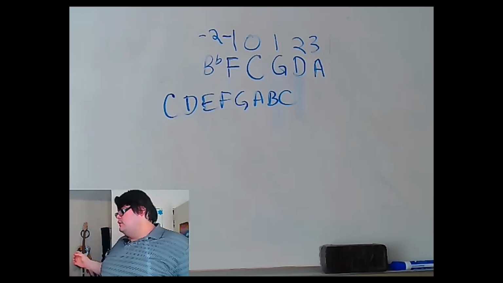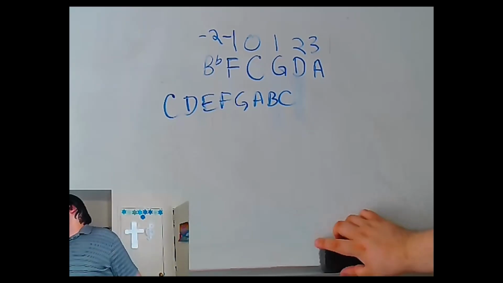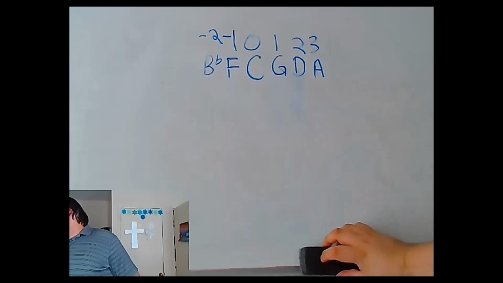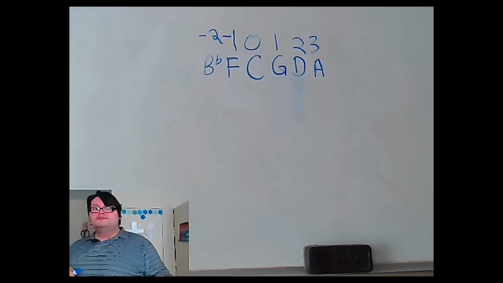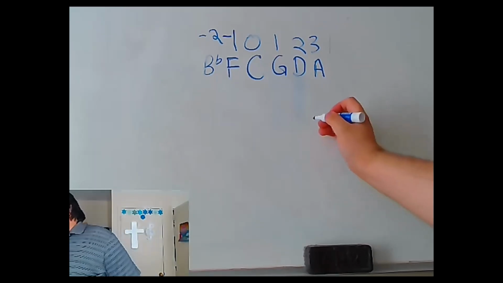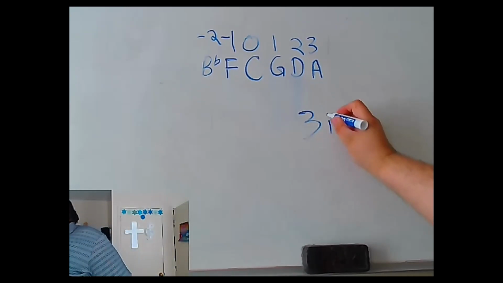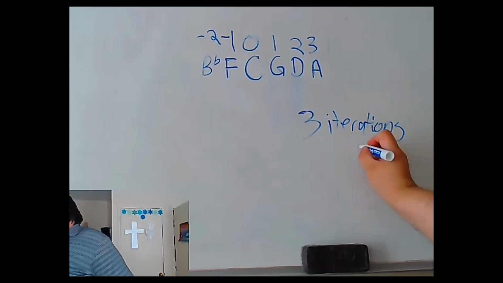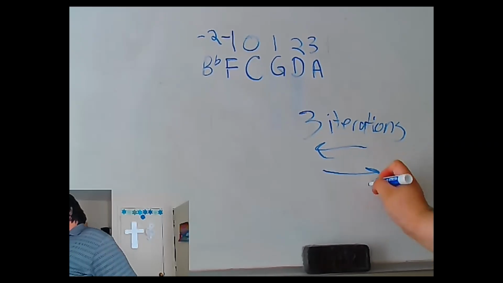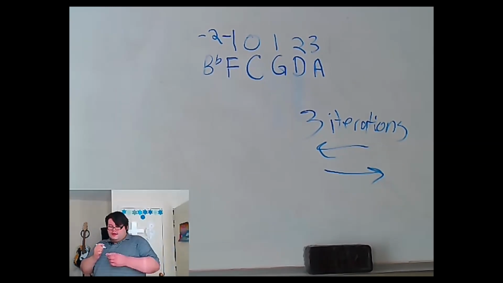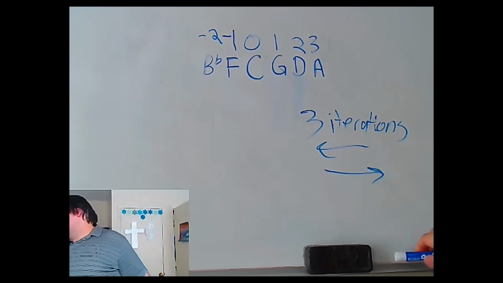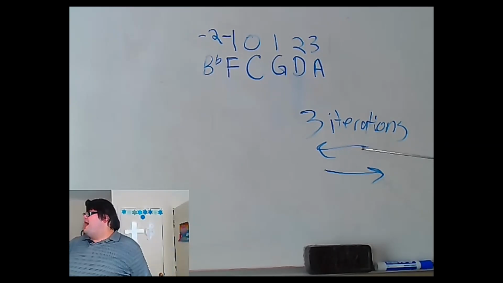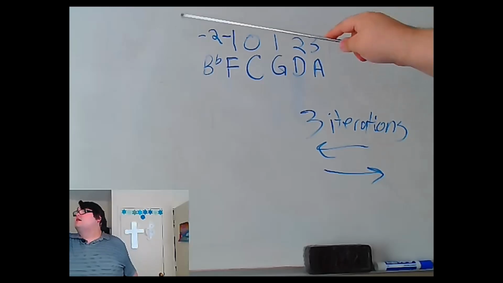So what I want from you is 3 iterations going this way and going that way. One set of iterations is to go backwards, going this way.